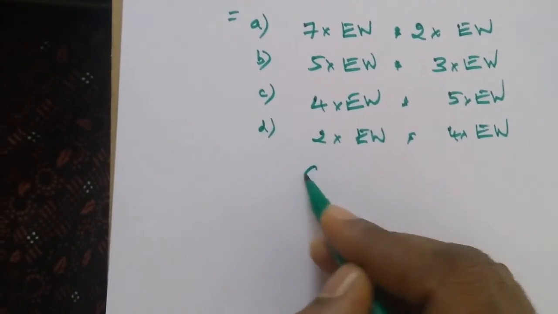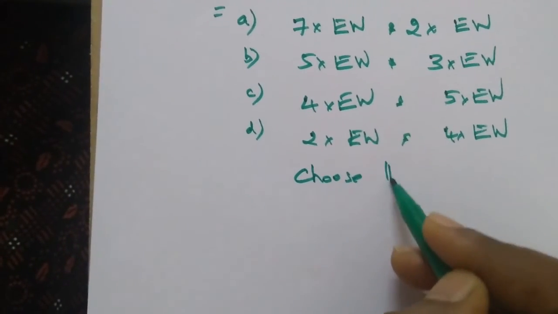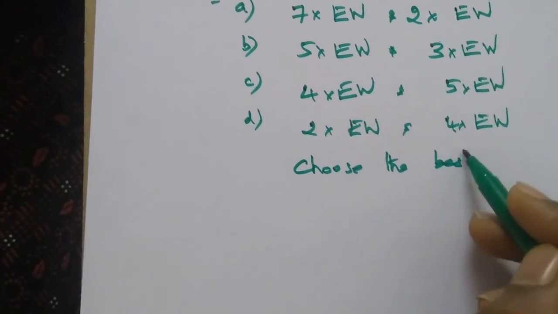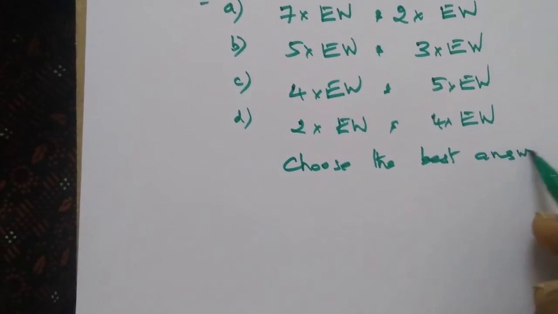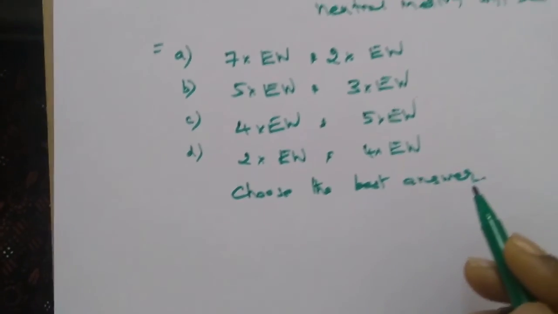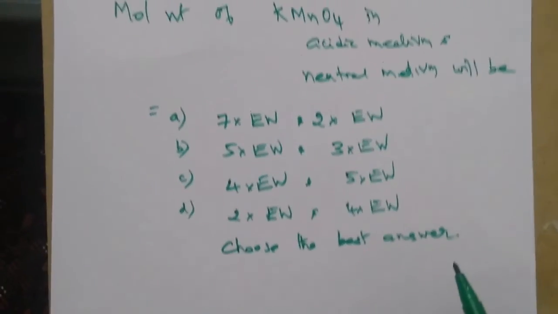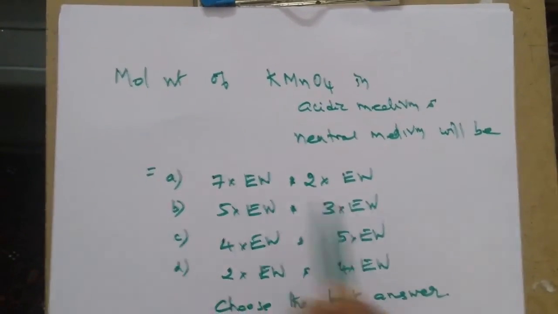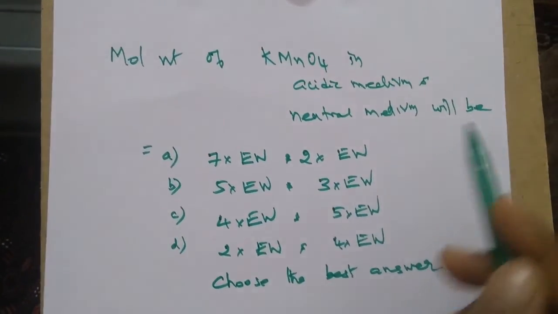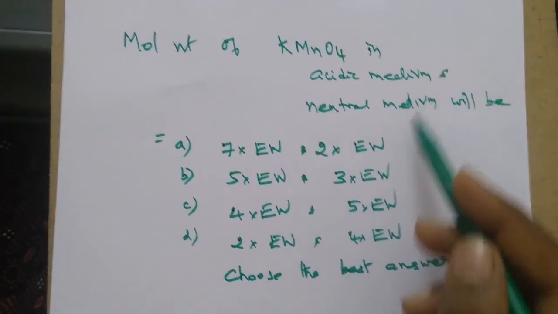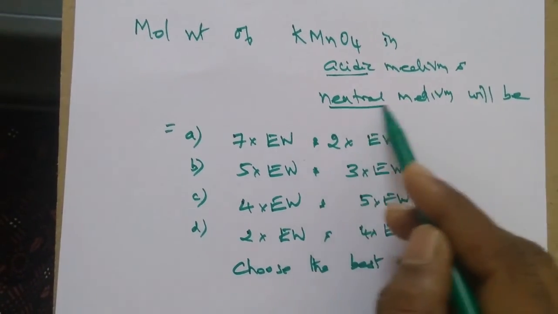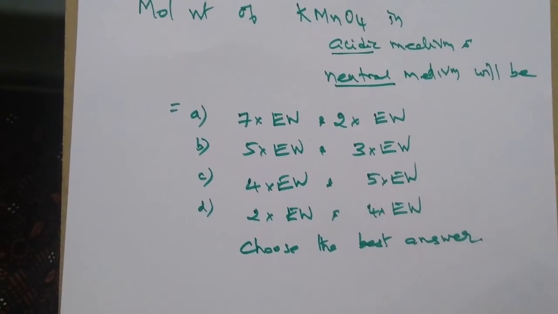Just now we have revised all the topics, so it is easy to give the answer. But if you want to cross check it, you have to choose the best answer. We should recall what is the relationship between molecular weight and equivalent weight, for neutral medium, for acidic medium, and for alkaline medium.